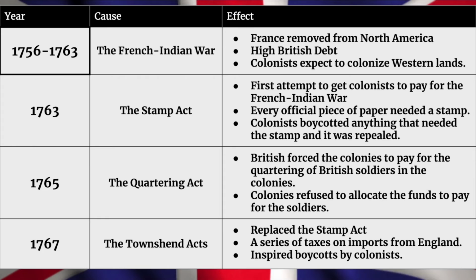And rather than pay this fee or this tax to buy these stamps to put on their official documents, the colonists simply boycotted, notice the vocabulary word, boycotted anything that needed the stamp, preventing the British from making money off the stamp.